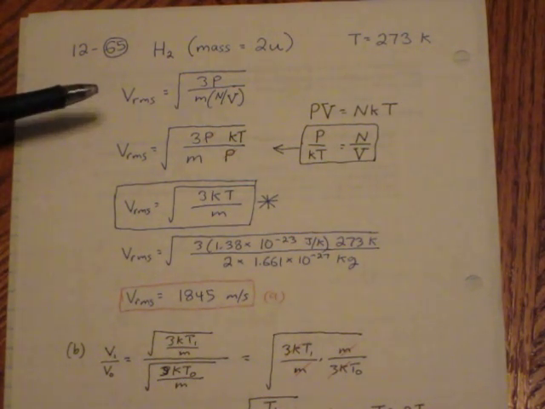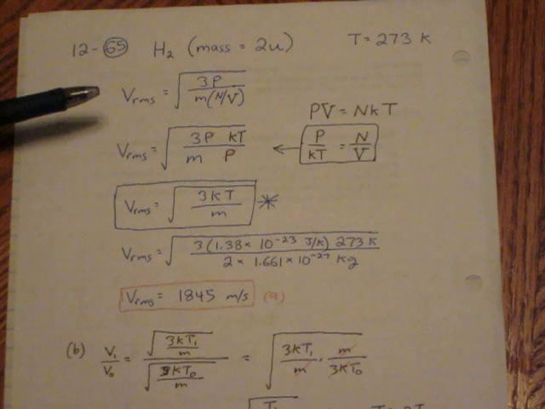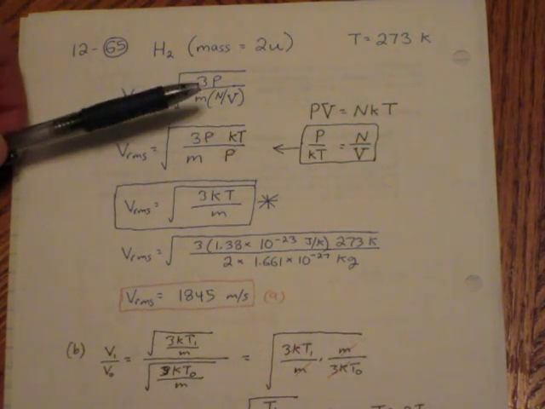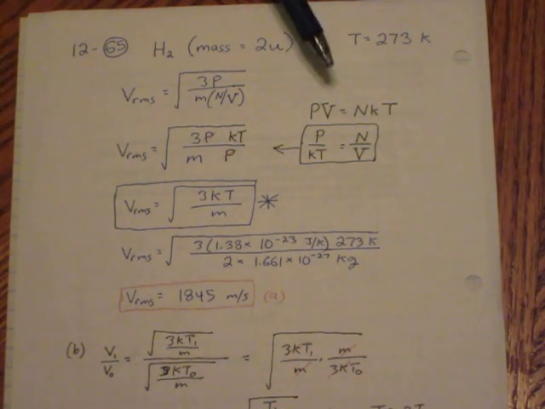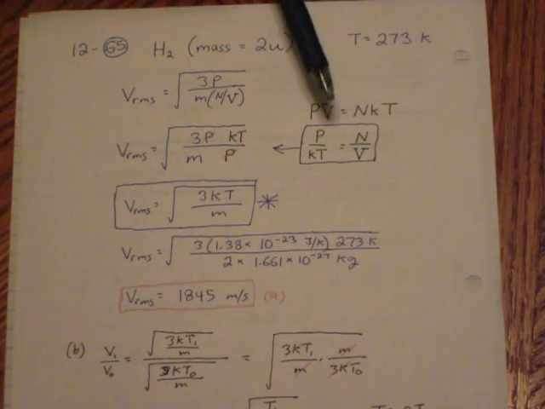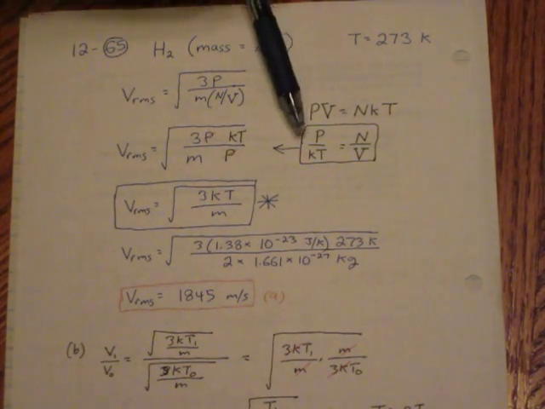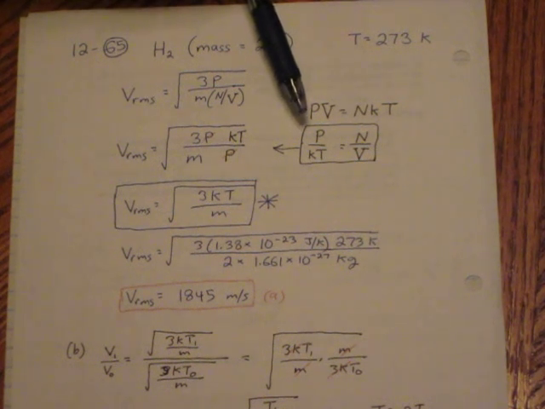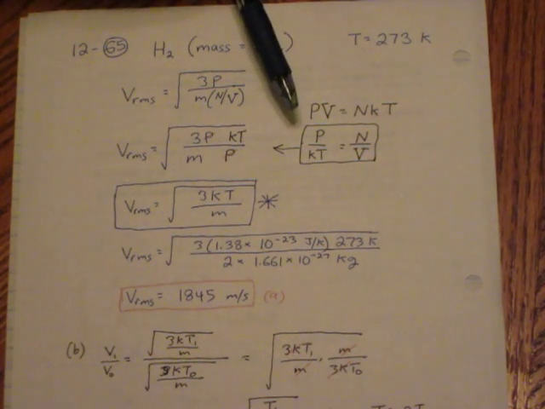For v_rms, here's an equation that's given in the book that I gave you in class, but let's do something interesting with it. Let me derive for you a more convenient formula for this. That N over V, we solved for it in class. We used PV equals NkT, and we solved for N over V and got P over kT. And again, we did this in an example in class.